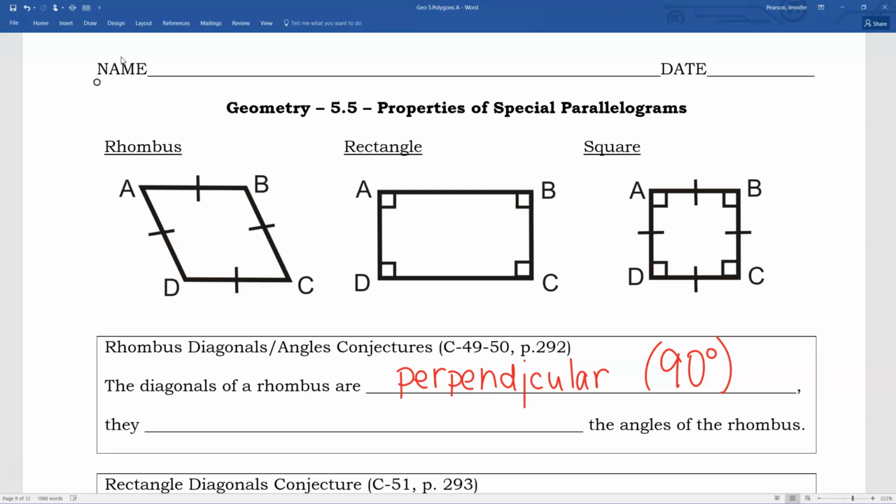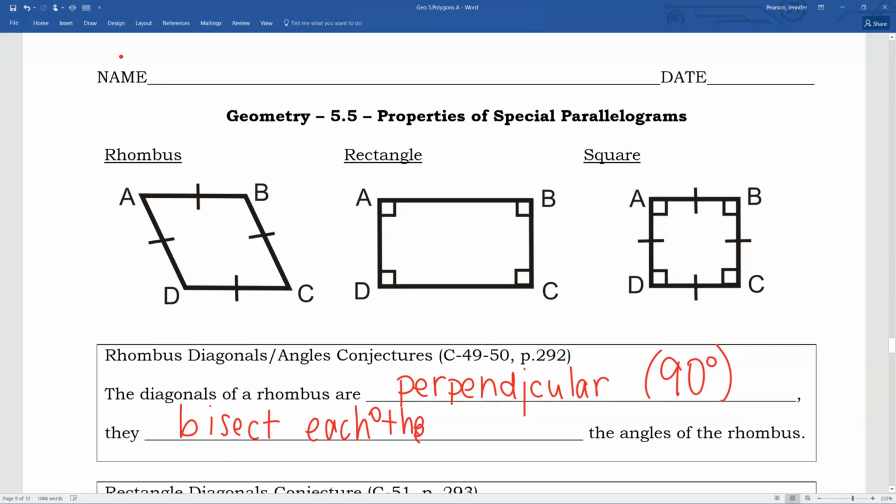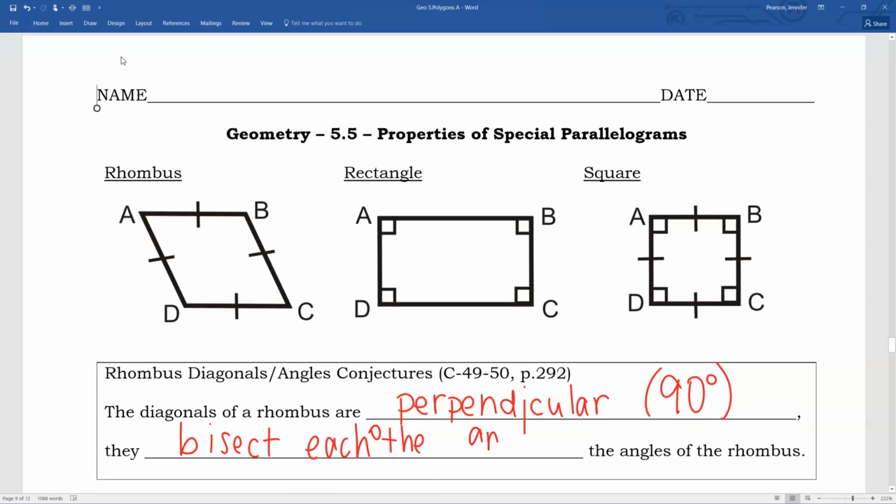And they bisect each other and the angles of the rhombus.